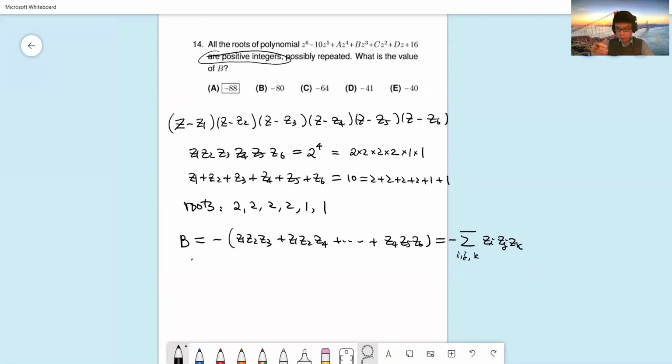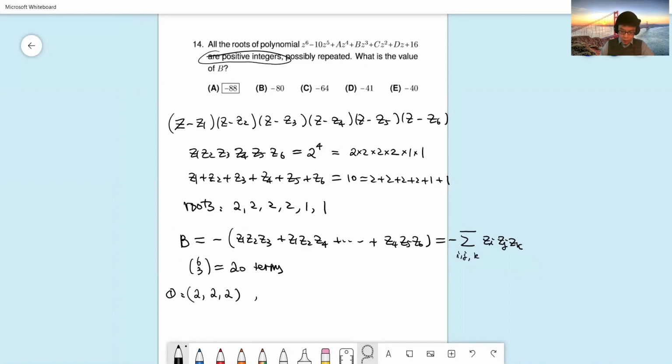But here the roots are repeated. We have four 2's and two 1's, so there are a few categories. For 3 terms, we have 3 cases. First, all 3 terms are 2, say 2 times 2 times 2. The product equals 8, right?